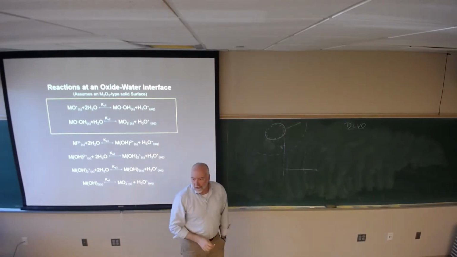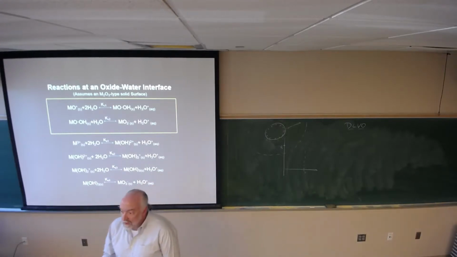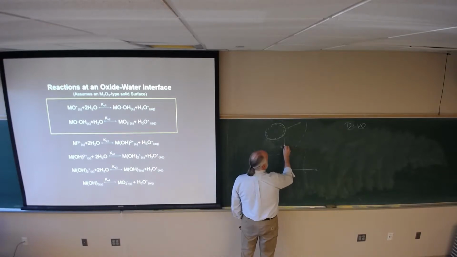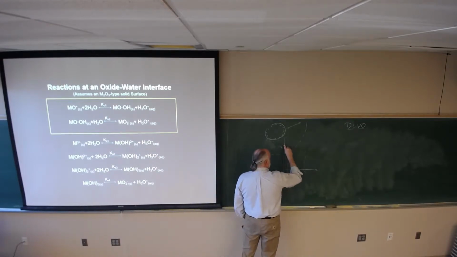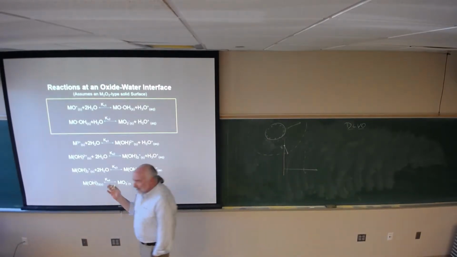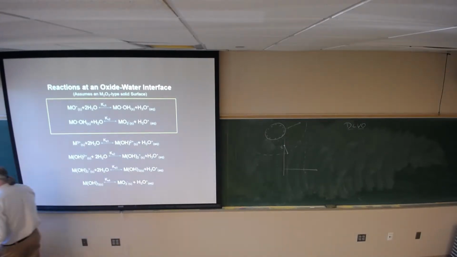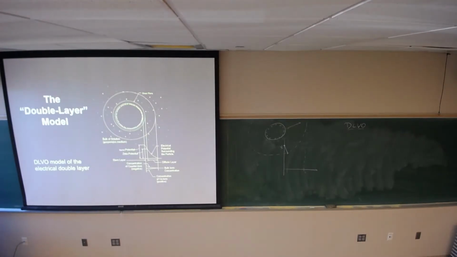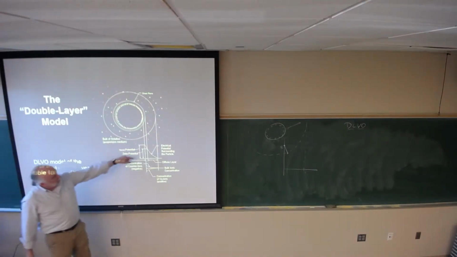Now, the DLVO approximation is an approximation. We say, what I will do is take this Nernst potential and decay it linearly to the potential at the shear plane. That's the approximation: we assume that the decay is linear. It is drawn linear here, although you can't see it.